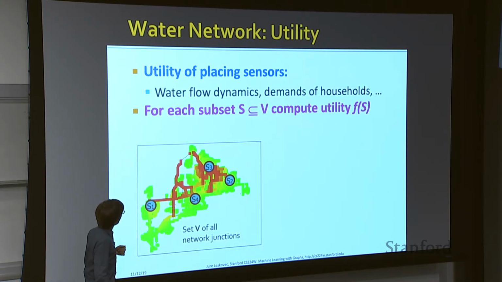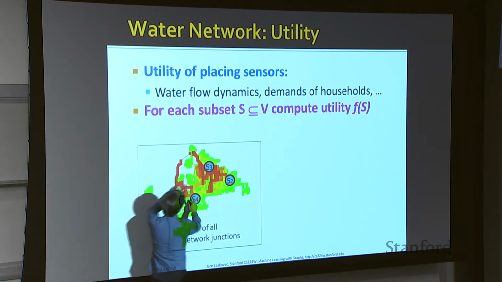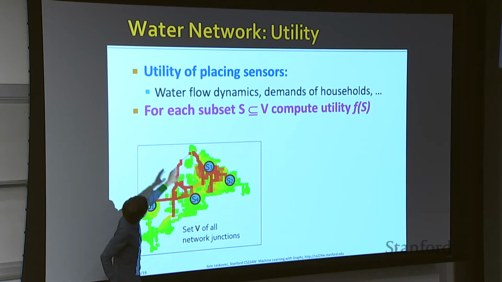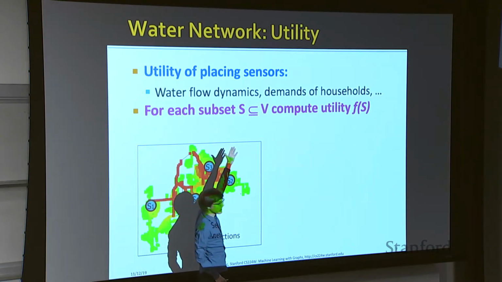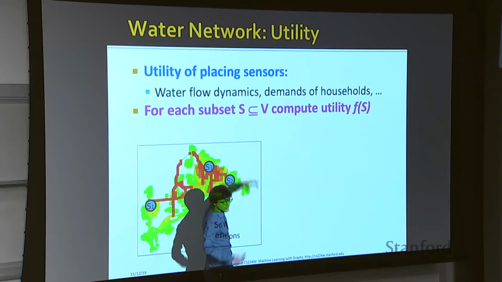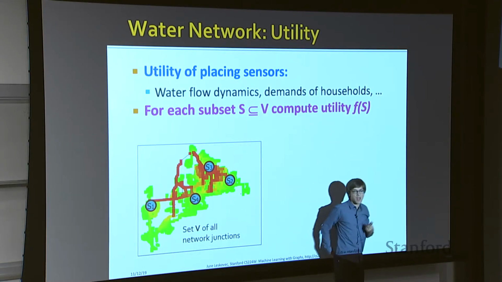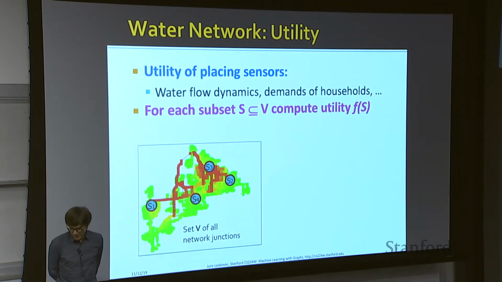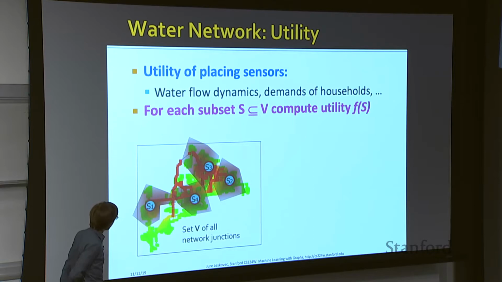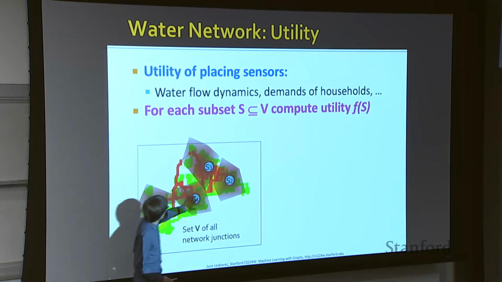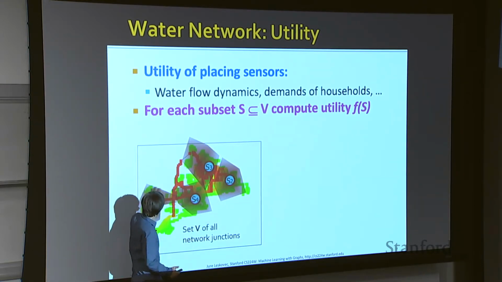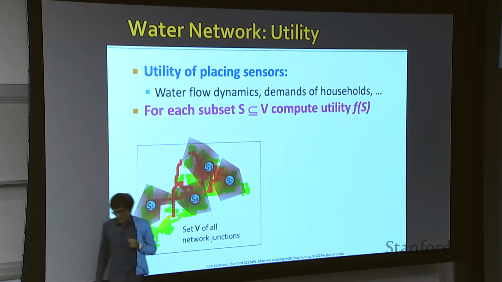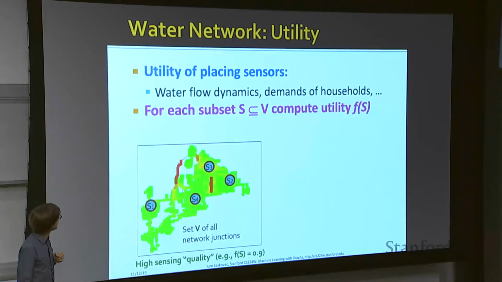And then what we will want to do is place multiple of these sensors, and for every placement of sensors S, that is a subset of all possible placements V, we will get some utility F, which is the score that we will care about, right? So for example, in our case, we would want to place the sensors in these positions so that they nicely cover different parts of this water distribution network.